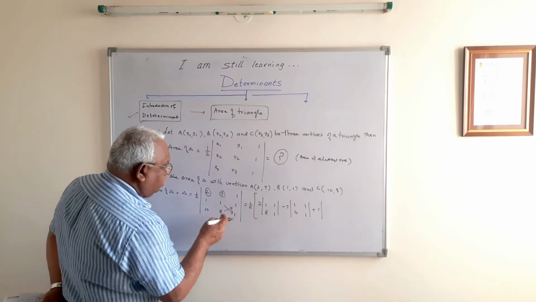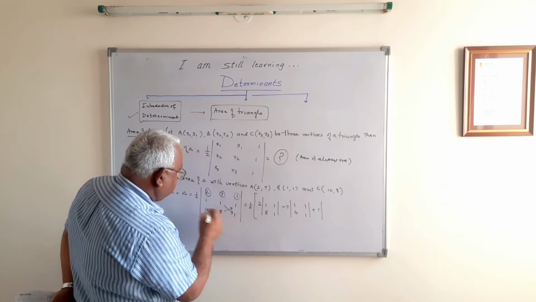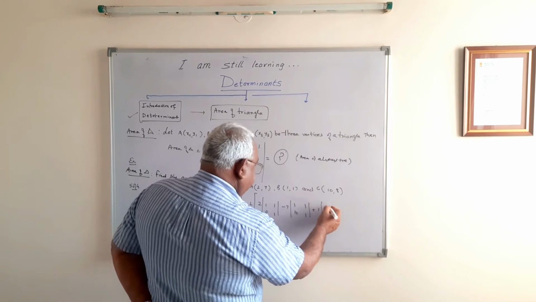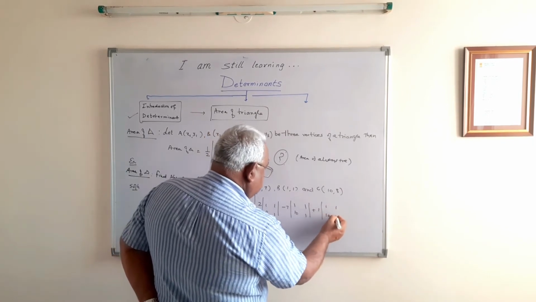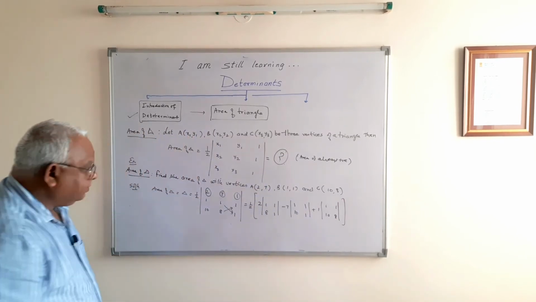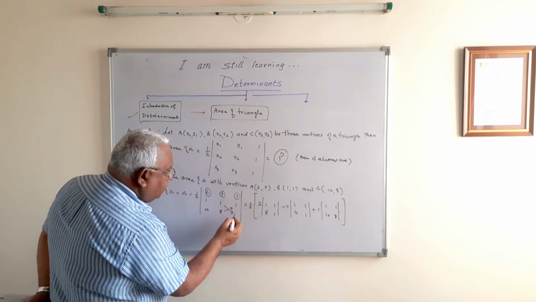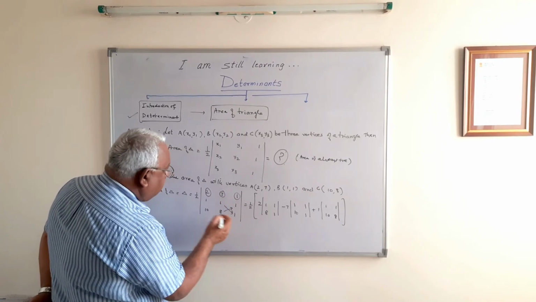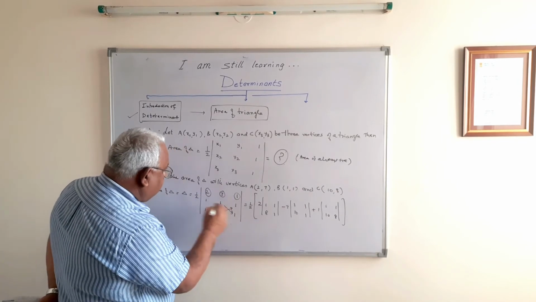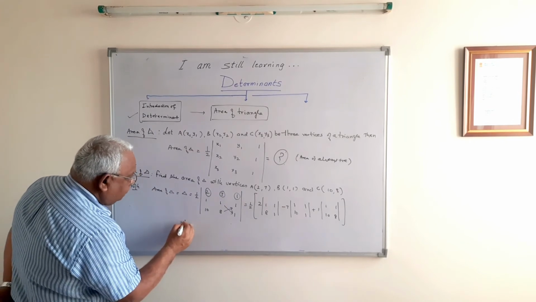Obviously you have to put only positive remarks in the description. So 2 times (1 1; 8 1), minus 7 times (1 1; 10 1), plus 1 times (1 1; 10 8). Fine, perfect.